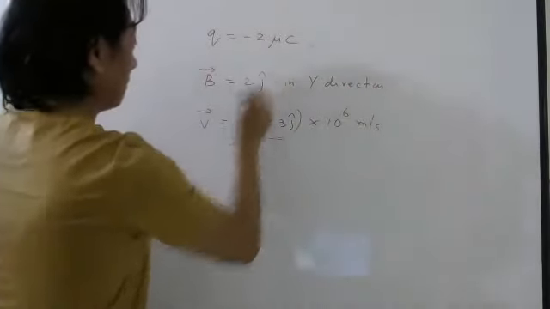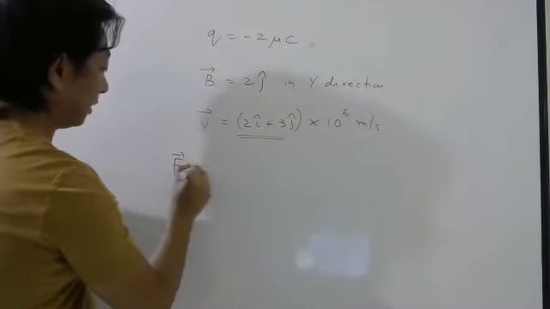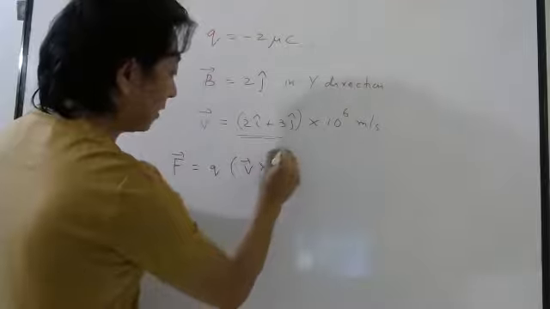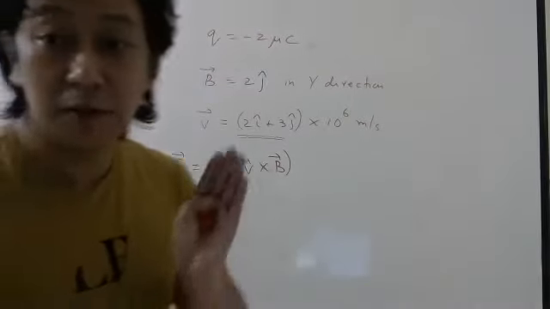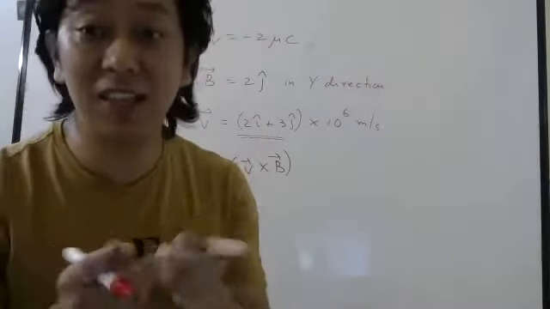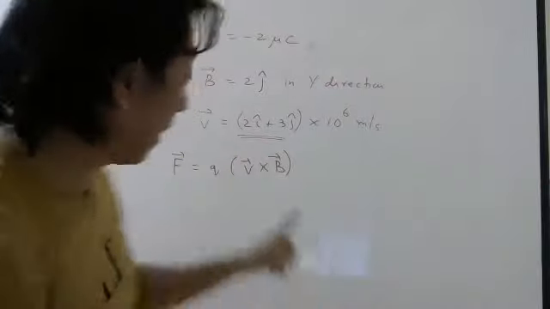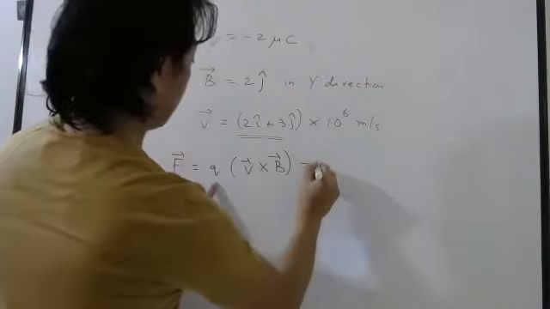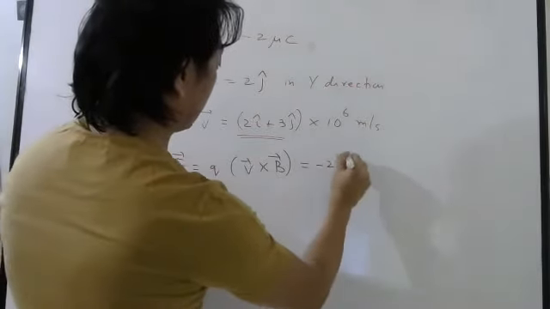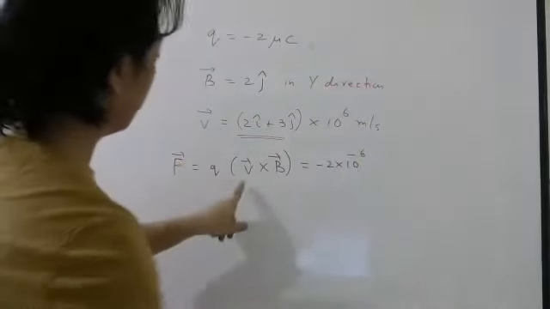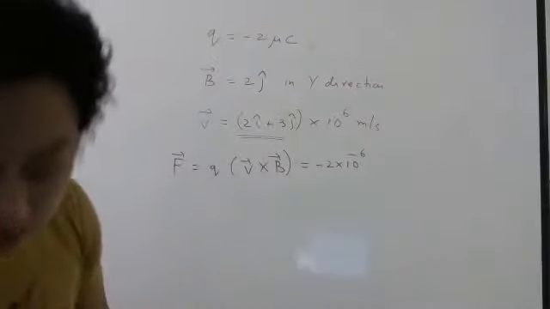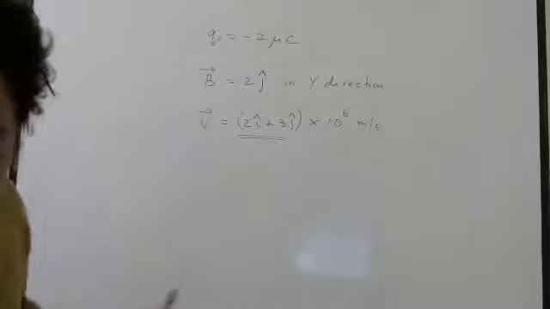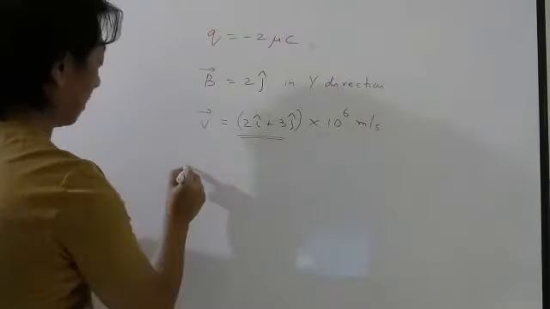So what is the formula for magnetic force? q V bar cross B bar. So here students, don't use vB sin theta. Theta we don't know. We know vector form. So charge is -2 into 10 power -6 coulomb. Okay, let us do one thing. Let us forget about this formula. First, let us find V bar cross B bar.